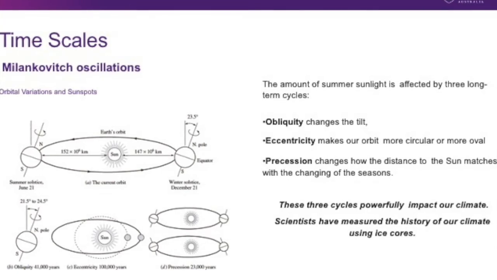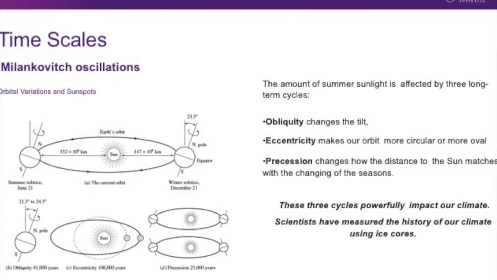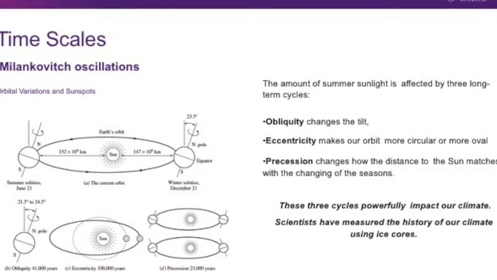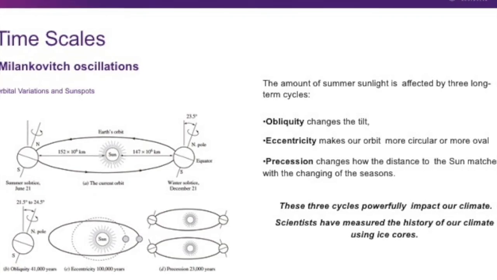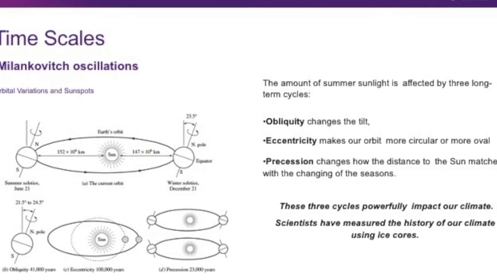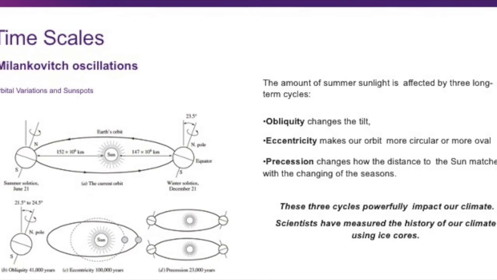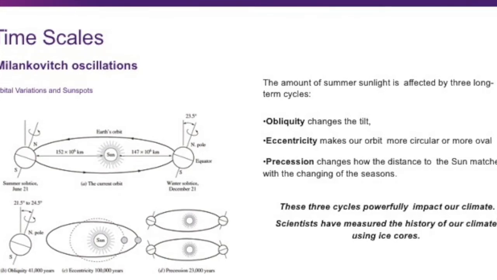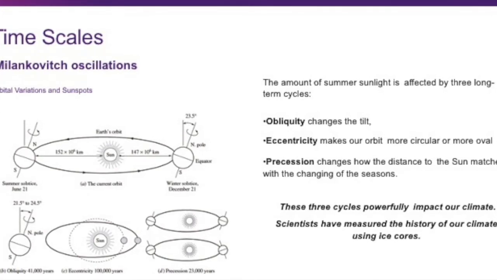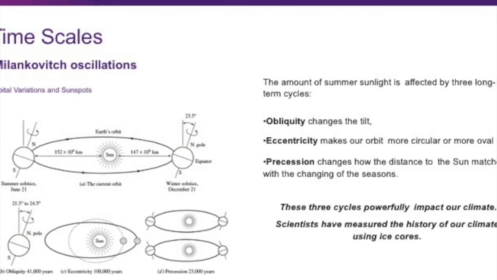So these three variations change the distance in summertime from the Earth to the Sun, and this affects the melting of the ice, or the possibility of having more ice in the poles.